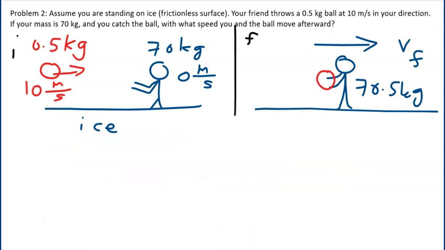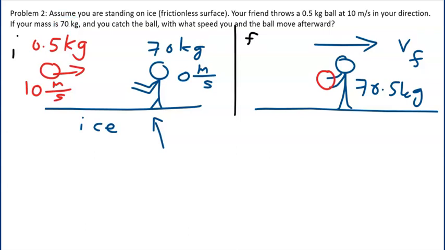Let's look at another problem. Assume you are standing on ice, so there is no friction between your feet and the surface of the ice. Your friend throws a 0.5 kg ball at 10 meters per second in your direction, so forward towards you. Now, if your mass is 70 kilograms and you catch the ball, with what speed will you and the ball move afterward?